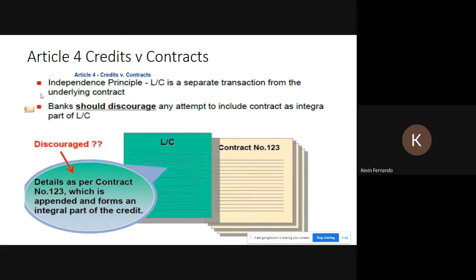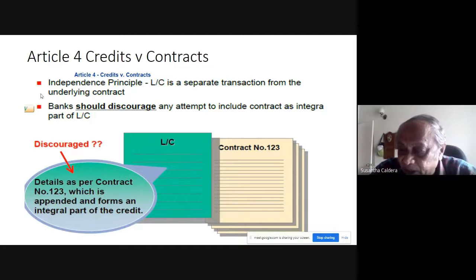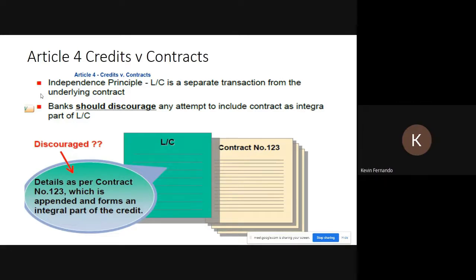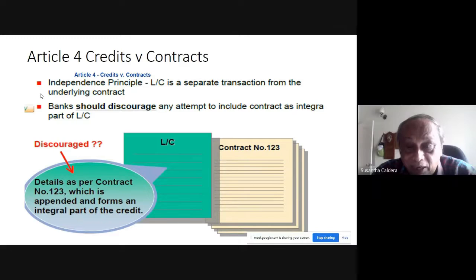Confirming bank? Wrong. Issuing bank and collecting bank? Wrong.